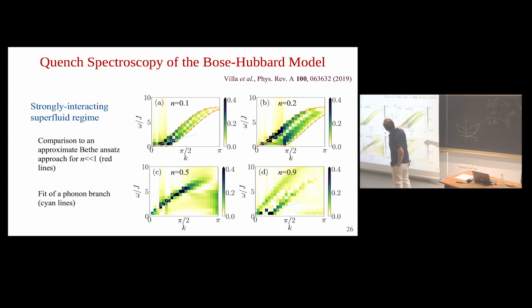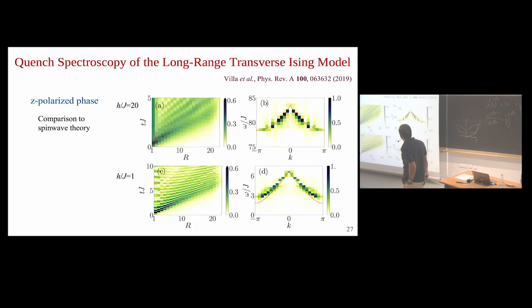In principle, for a free system you expect it to go up quadratically, but here it is cut by the discreteness of the system. Then you can compare to an approximate Bethe ansatz, and it works again very well.